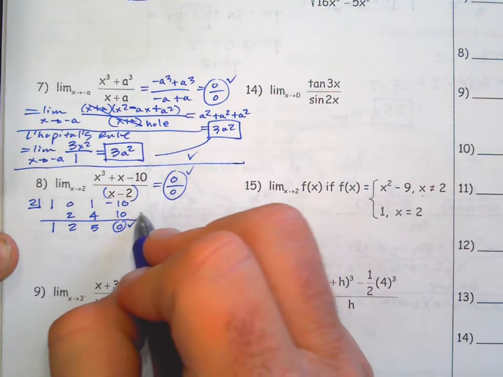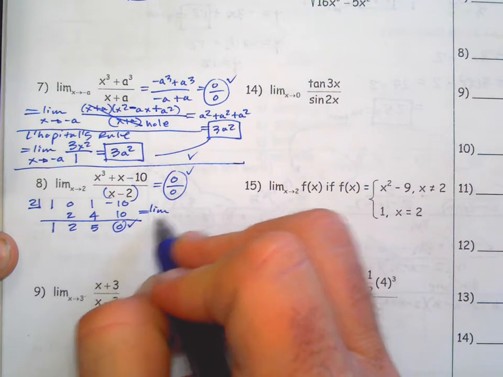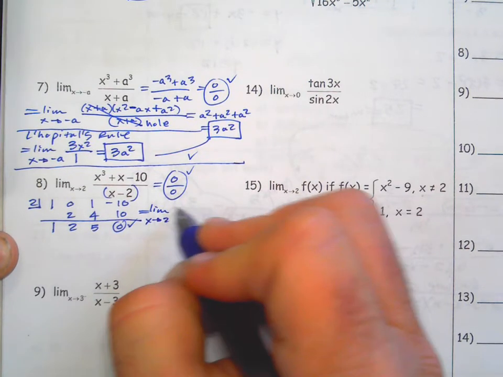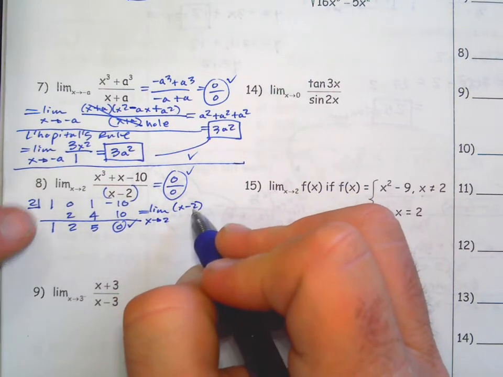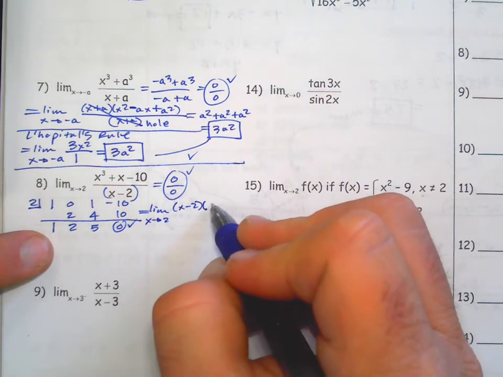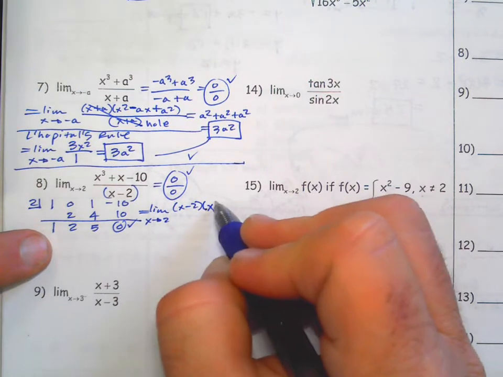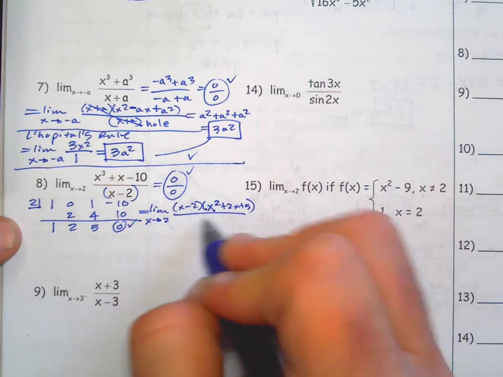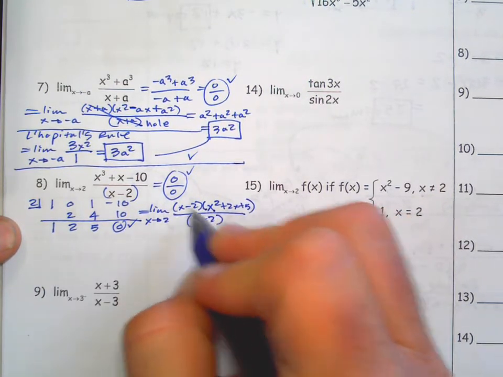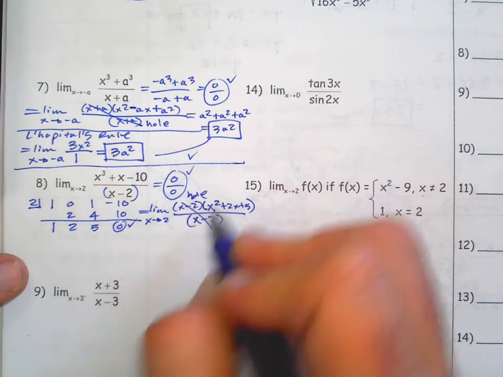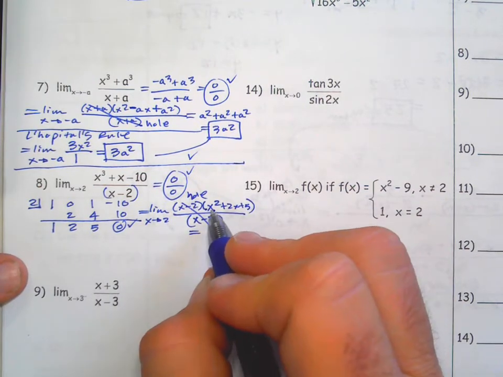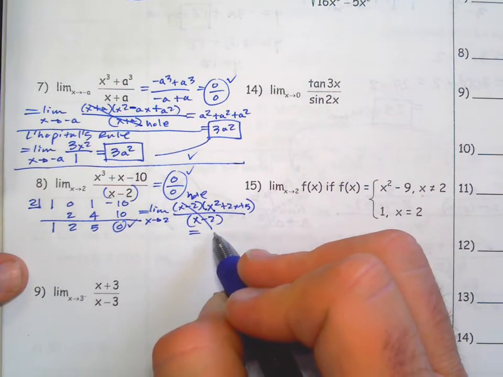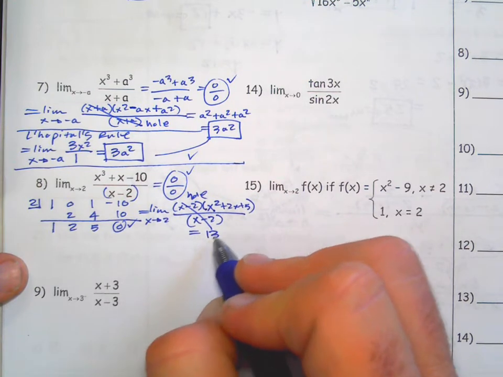So what this gives us is the limit as x approaches 2 of x minus 2, the thing we just factored out, and this is what's left after factoring out, x squared plus 2x plus 5, over x minus 2. That's the hole, and we plug 2 back in, we get 4 plus 9 is 13.